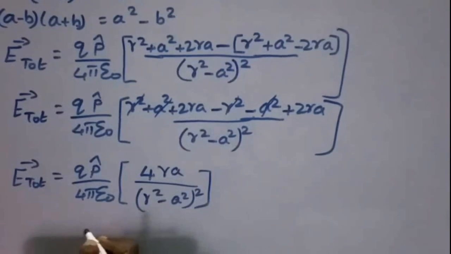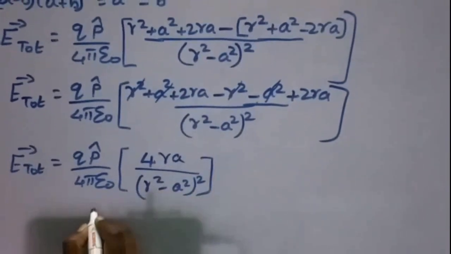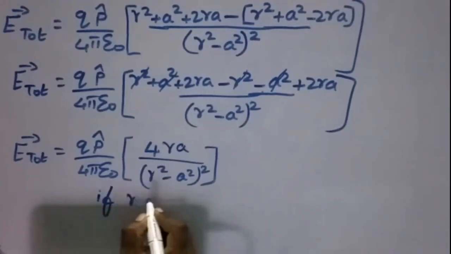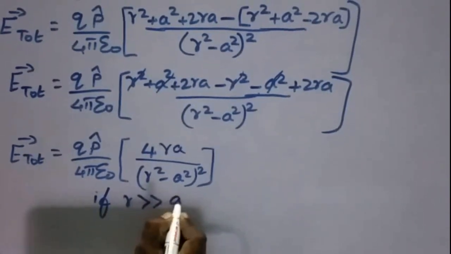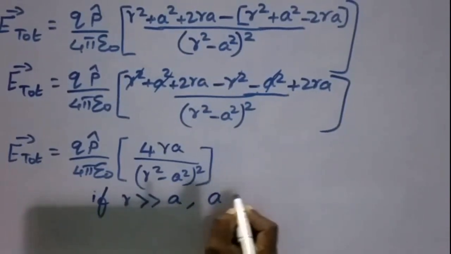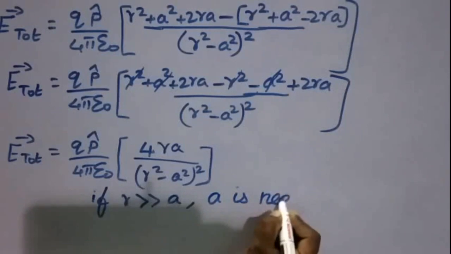Now if the distance r is greater than a, then the term a is neglected.